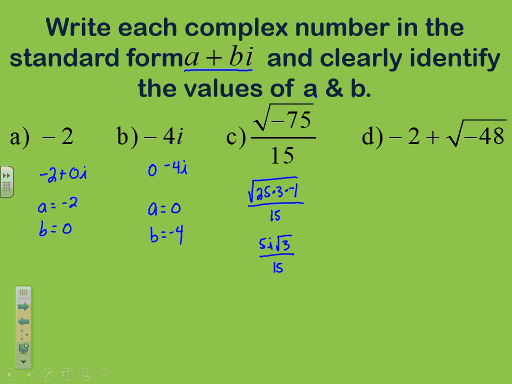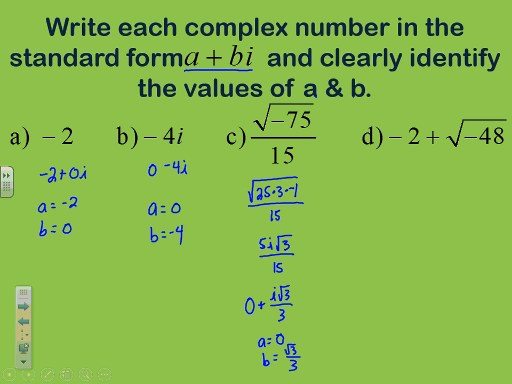And the 5 and the 15 have a common factor of 5, so that would give me i radical 3 over 3. And if we write it in complex form, we're going to say a 0 out here. So a would be 0, and the imaginary part of the complex term would be radical 3 over 3.